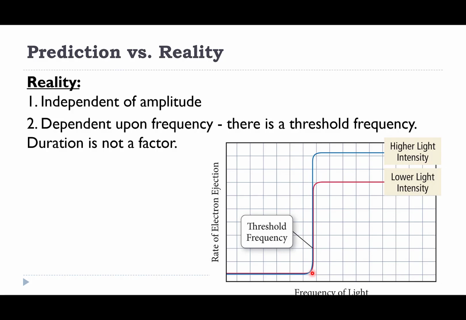There's a threshold frequency. Duration is not a factor. So even if I use a bowling ball, and I hit it with a bowling ball, and then a bowling ball, and then a bowling ball, even all of that abuse still is not going to cause the electrons to come off. It has to be the right ball in order for them to come off. Okay?